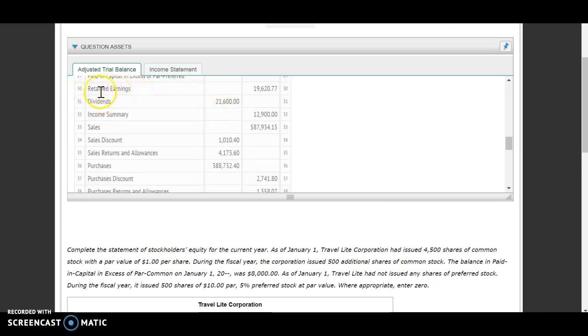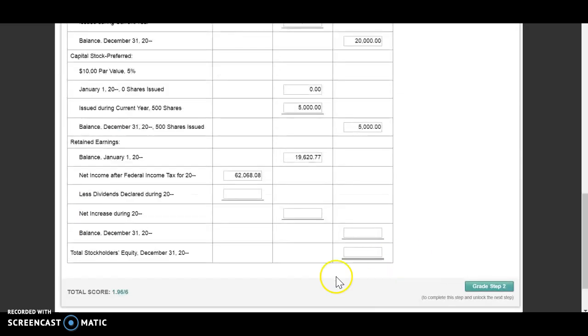Here are our dividends right after our retained earnings. Our dividends are listed as 21,600. Notice again, watch those clues here. It tells us less, so we're going to subtract these two numbers. That should give us a net increase of $40,468.08.